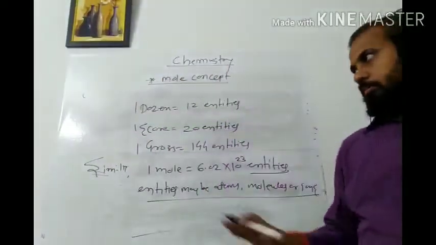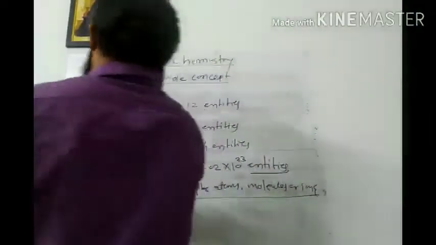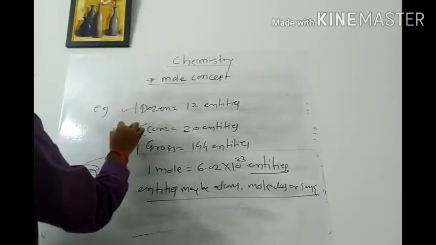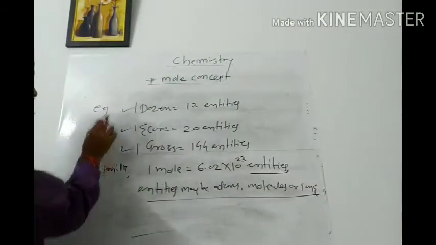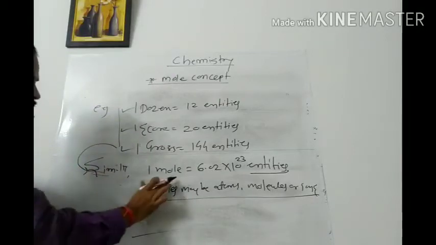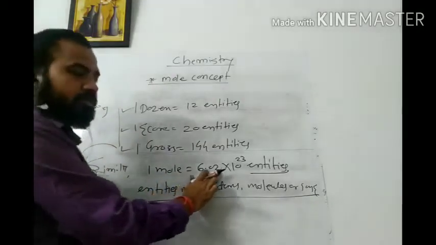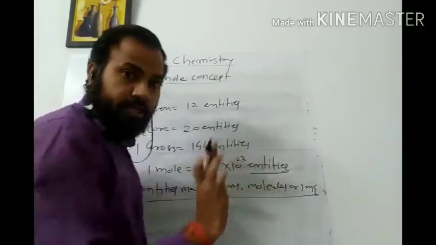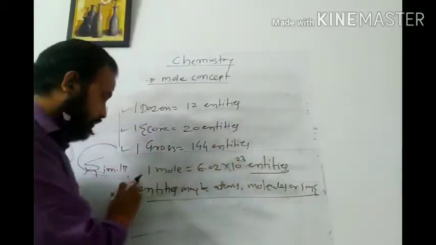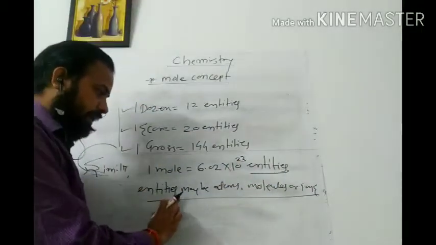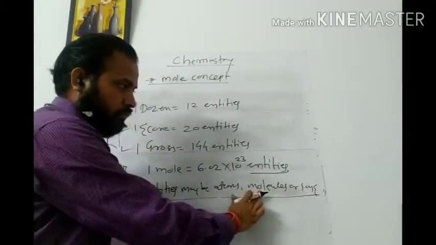Okay, so I am giving you just examples. So these are nothing but the examples 1, 2 and 3. With the help of these 3 examples I am trying to explain the mole concept. Or 1 mole equal to 6.02 into 10 raised to 23 entities. Now here, entities in case of mole means what? Entities may be atoms, maybe molecules or maybe ions.